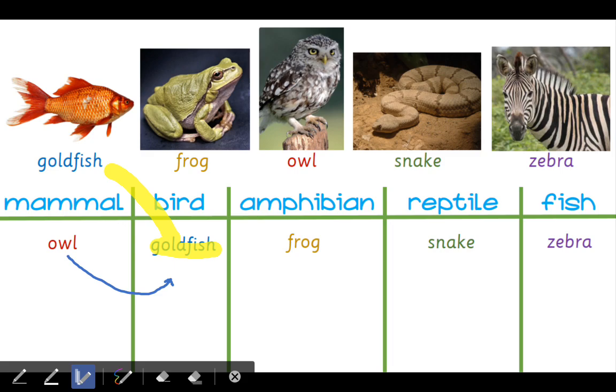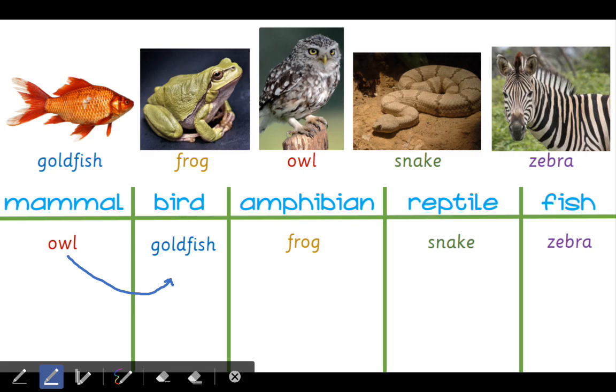No. Is the goldfish an amphibian? No. Is the goldfish a reptile? No. They have scales, but they are not reptiles. And is the goldfish a fish?